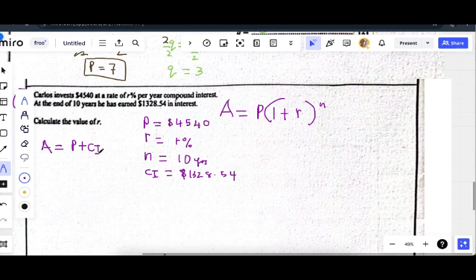So we will add the principal, which is 4,540. We'll add the interest, which is 1,328.54. If we add them together, we'll get 5,000 something, right?